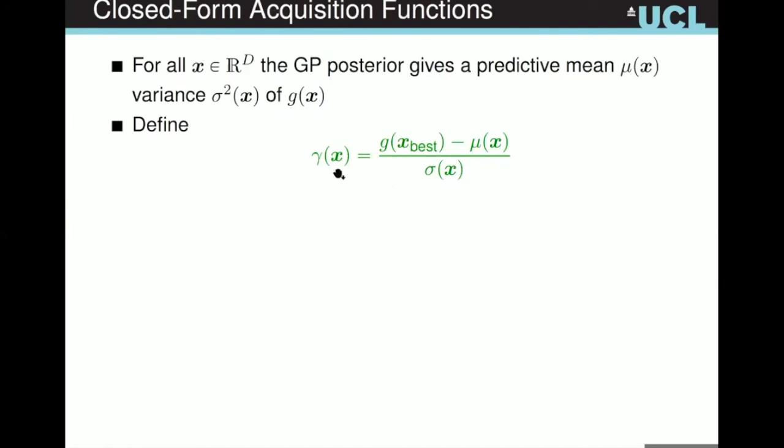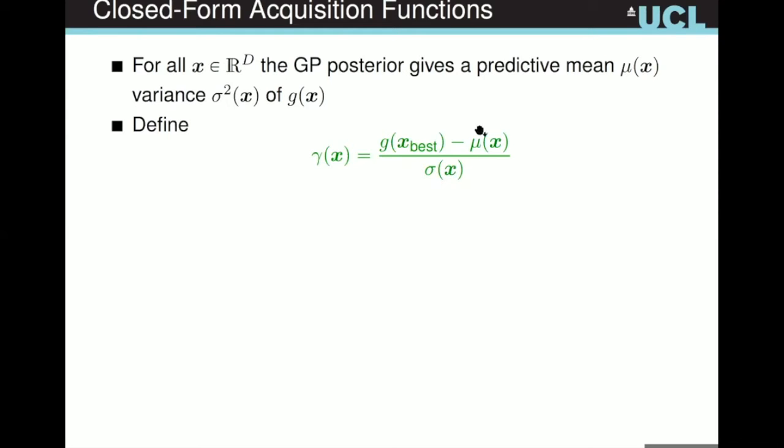And we can define gamma of x as f of x best minus mu of x divided by sigma of x. What this does, you've probably seen something similar in batch normalization, is it centers our values, and if you divide by the standard deviation, then effectively, if you look at the distribution of these gamma of x values, you will get a standard normal distribution.